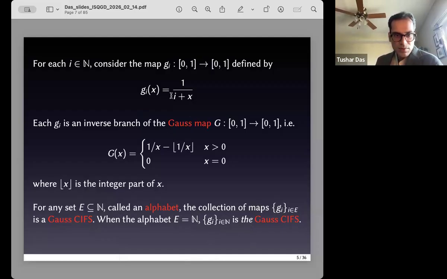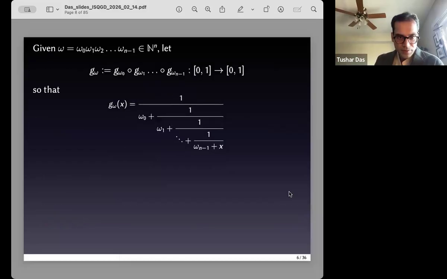And those of you who are familiar with continued fractions know that this is very much related to representing real numbers by the continued fraction format. So here's the link. If you take these g_i maps and you iterate them, you notice that you get continued division occurring.